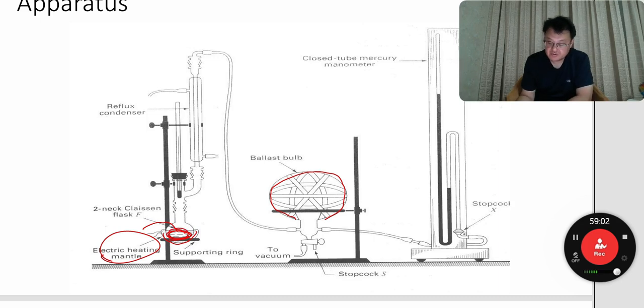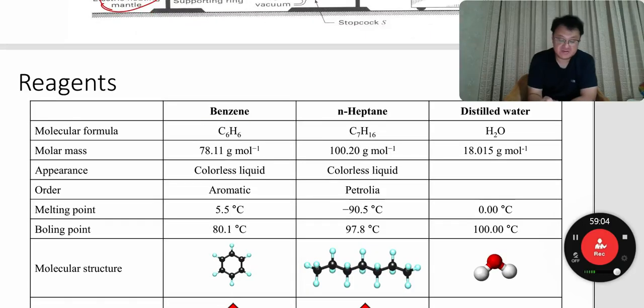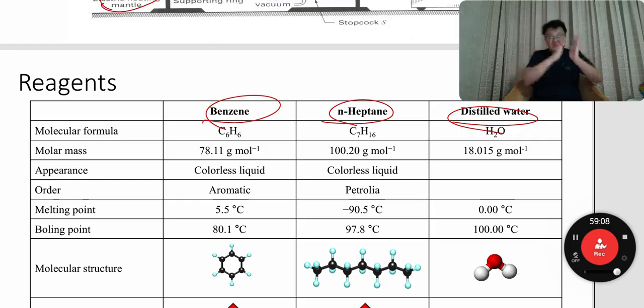We are going to use 3 different liquids: benzene, heptane, and distilled water. So with benzene, we are going to run an experiment, okay? And then with N-heptane, again the same experiment. With distilled water, again the same experiment, okay?